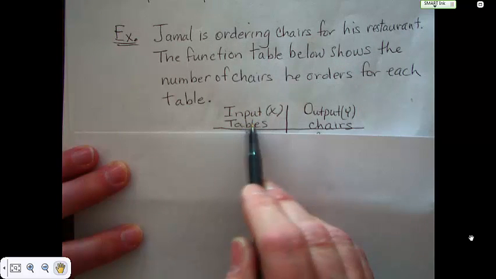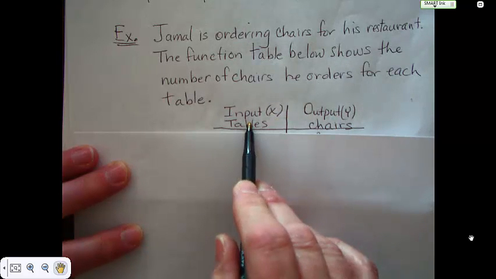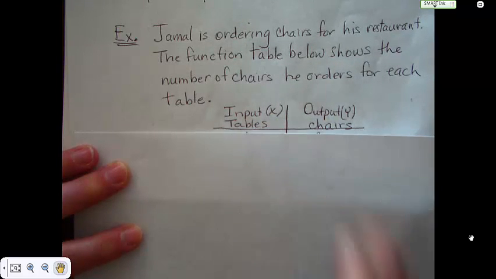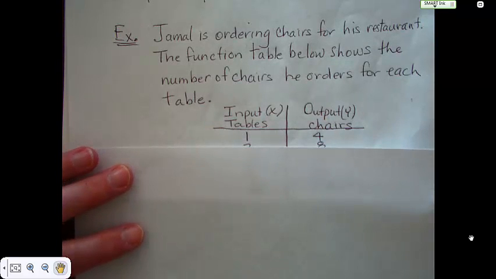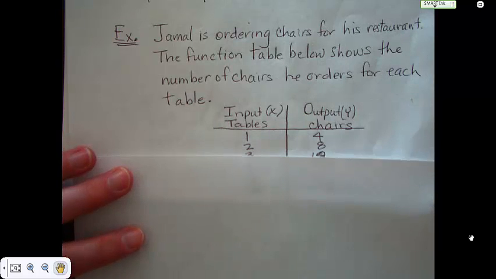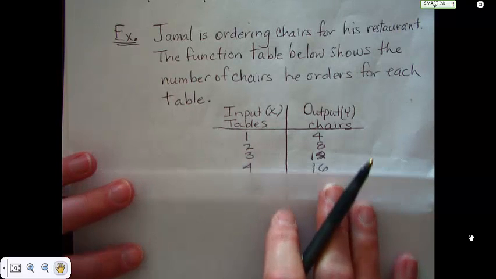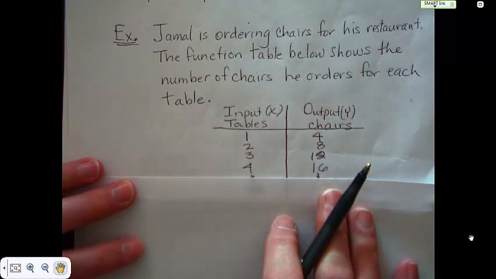So, if you have tables, then you need chairs. For one table, how many chairs do you need? So, we look at the grid. For one table, you need 4 chairs. For 2 tables, you need 8. For 3, 12. For 4, 16. Can you see the relationship? Yeah.